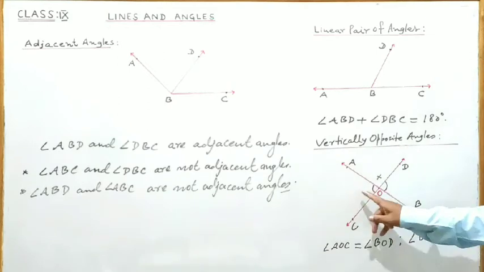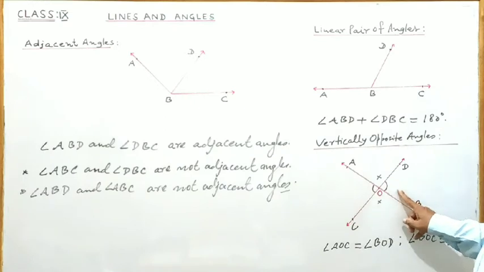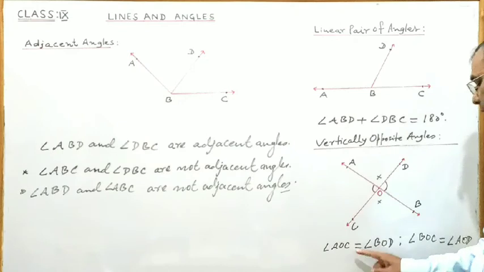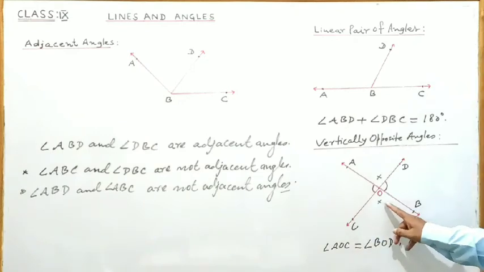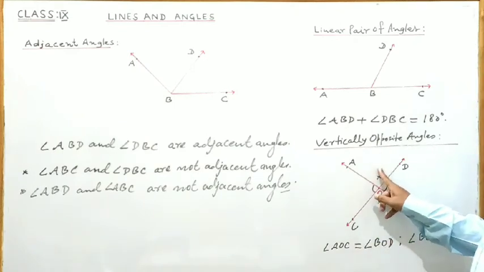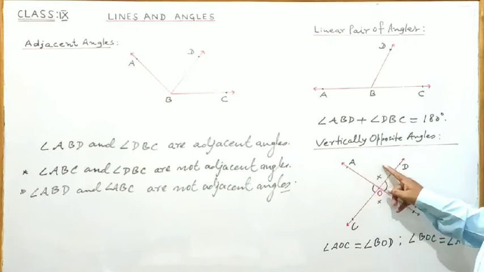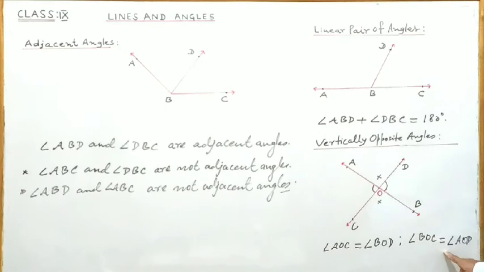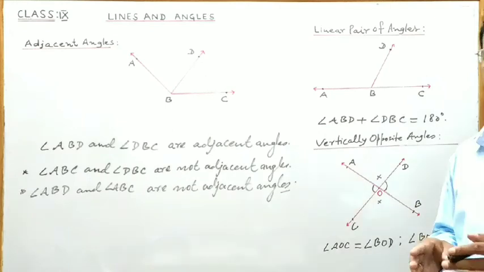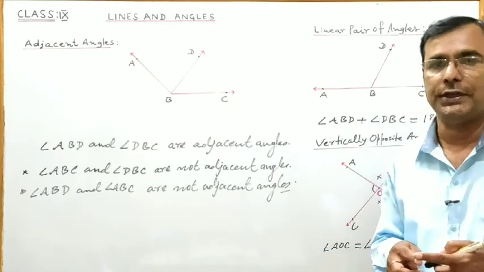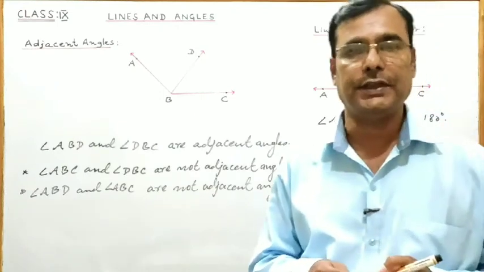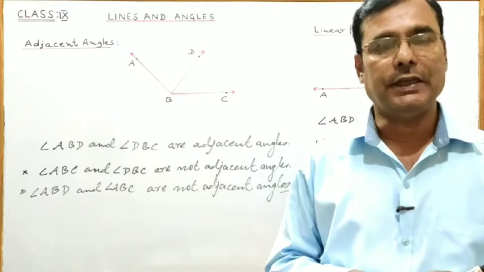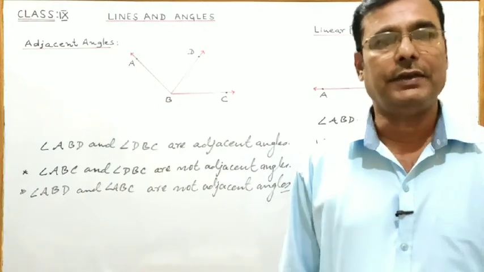Angle AOC and angle BOD, one pair of vertically opposite angles, and they are equal. Similarly, angle BOC and angle AOD, another pair of vertically opposite angles, so they are equal. So when two lines intersect each other at a point, then two pairs of vertically opposite angles are formed and vertically opposite angles are always equal.